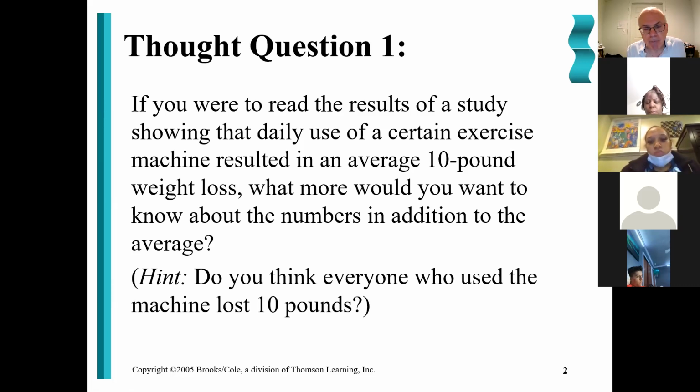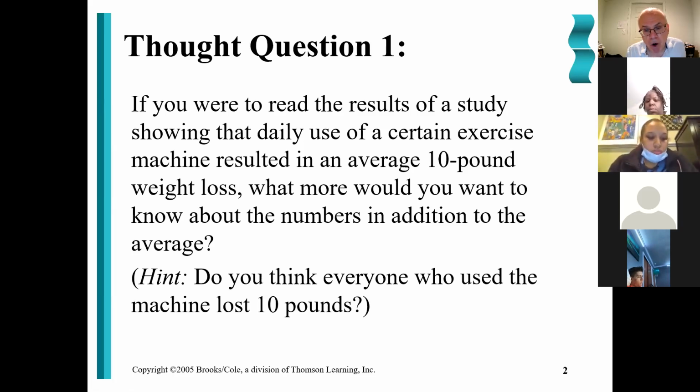So one thing we want to do besides the average, which is sort of a number in the middle, right? Something like in the middle of all the numbers. You mentioned the differences in the weight losses for each of the people. So the way we would describe it is we need some measure of what's called the variability, how variable the numbers are from each other in the data set.